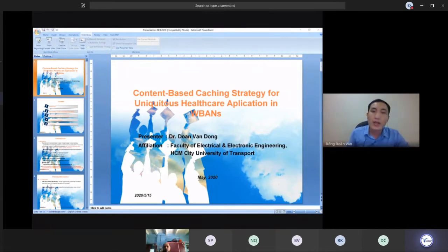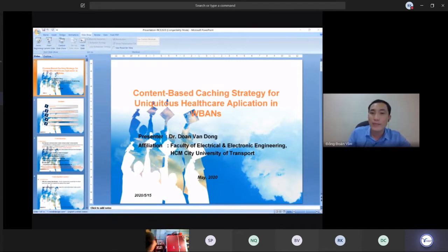What is the cache hit ratio? Cache hit ratio and cache hitting rate have the same meaning. The cache hit ratio is the probability of achieving a cache hit from the stored content of the node instead of the original server. And you can see in the figure that the cache hit ratio increases over time.